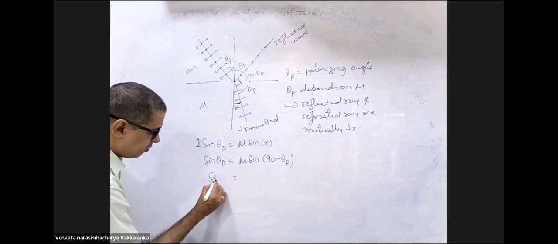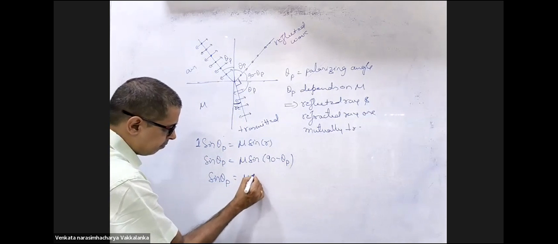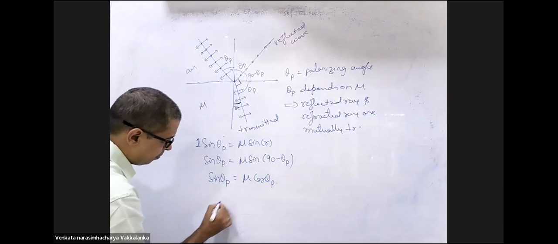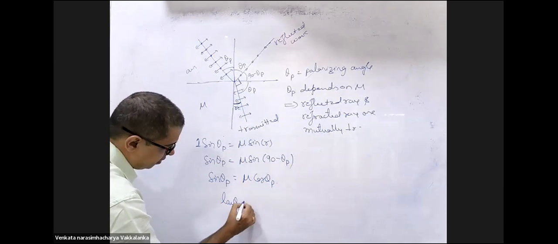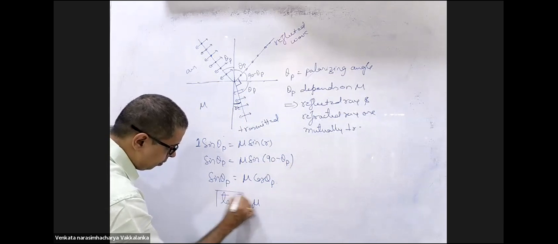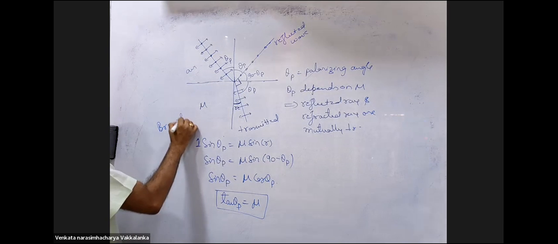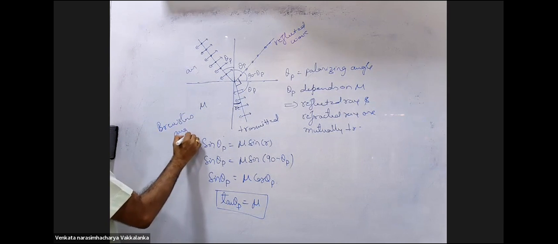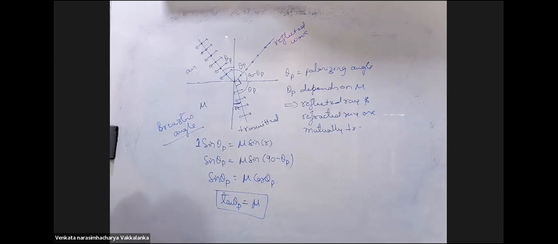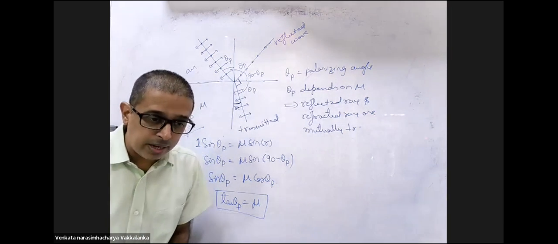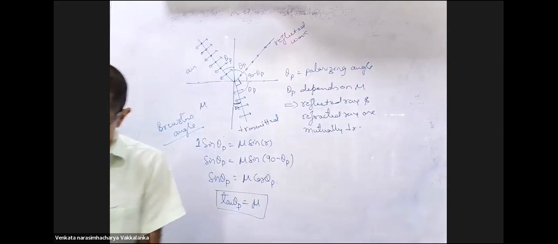Wonderful. Sine theta p by cos theta p, tan theta p is equal to mu. This is called Brewster's angle, that angle of incidence at which the wave is completely polarized due to reflection.